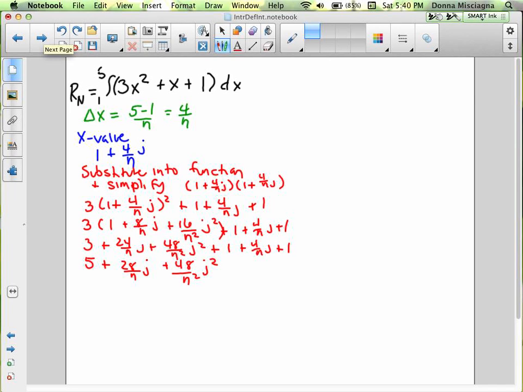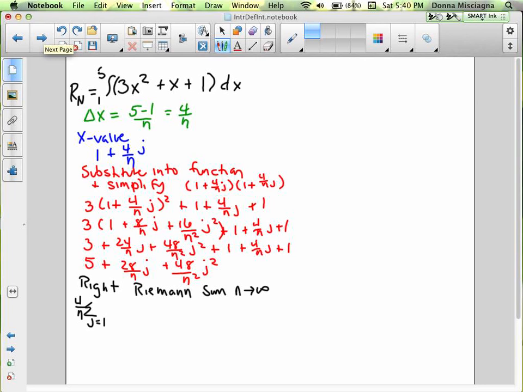So now let's find the right Riemann sum as n goes to infinity. We have sigma, and in front we need the change in x, so that's 4 over n, sigma j equals 1.